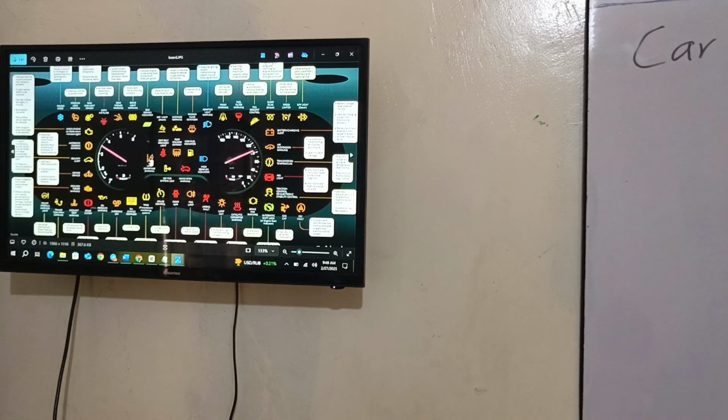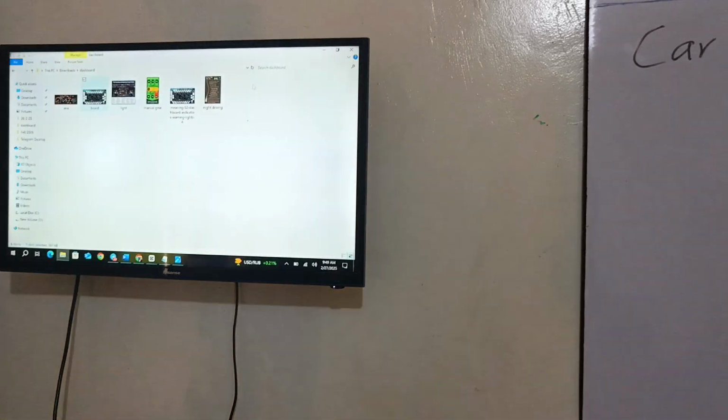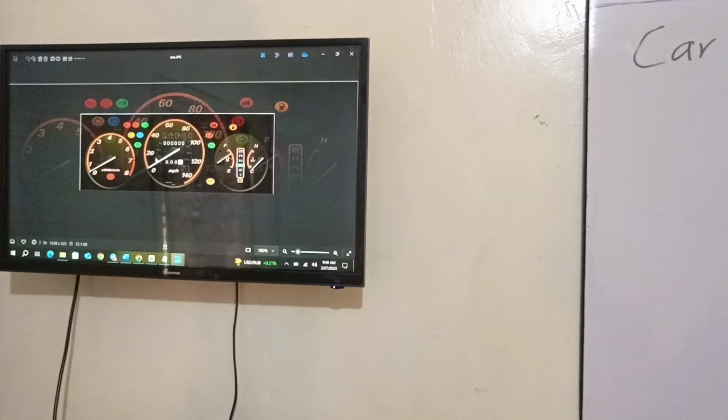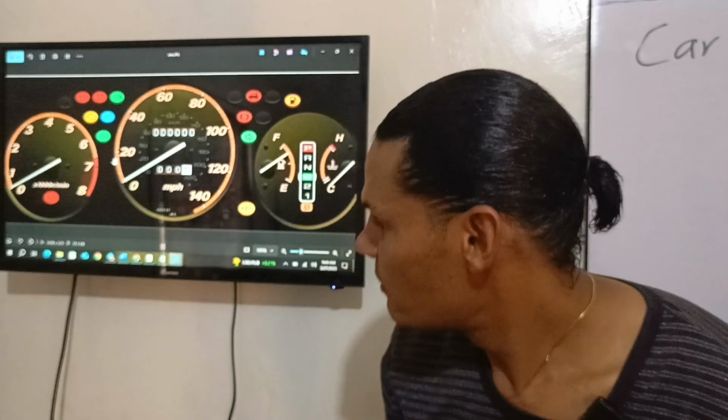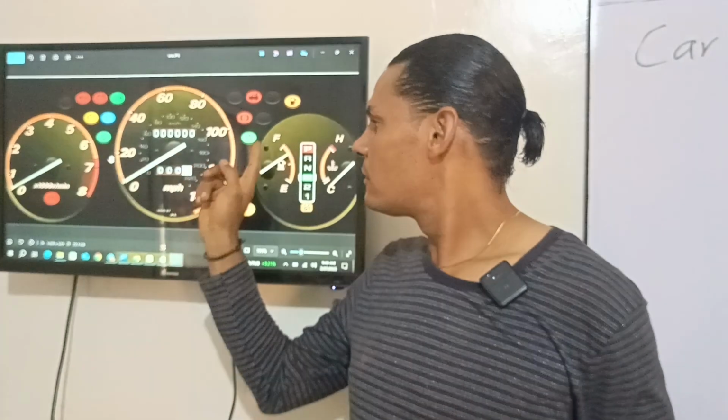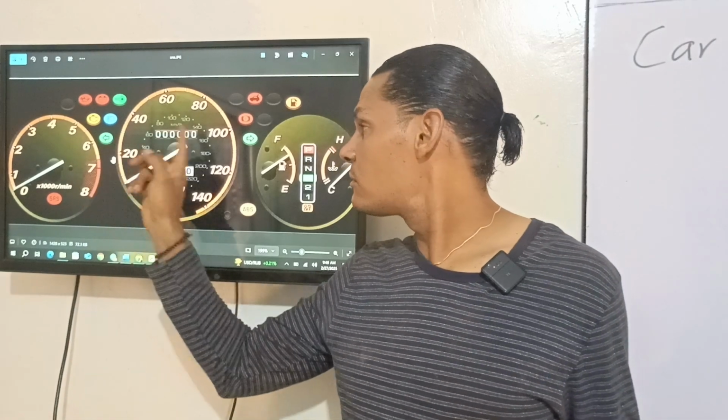Oh, this is the same drawing. Let's go back to our analog. This is left and right. It's always indicating with the arrows. You see this arrow, so they show you whether it goes left or it goes right.